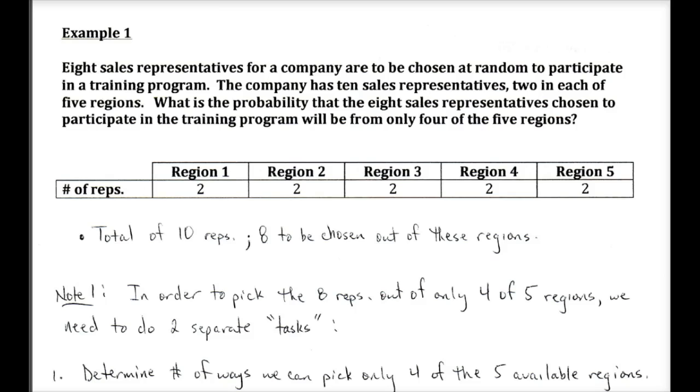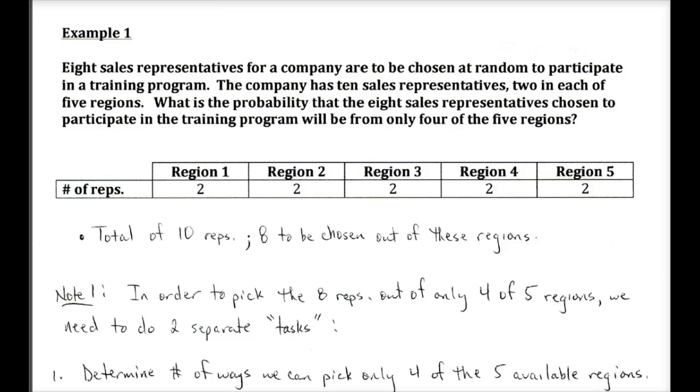The example says that we have 8 sales representatives for a company, chosen at random for some training program. The company has 10 sales representatives in all, and 2 of them live in each region. You see I have the table there denoting that we have 2 living in each region.